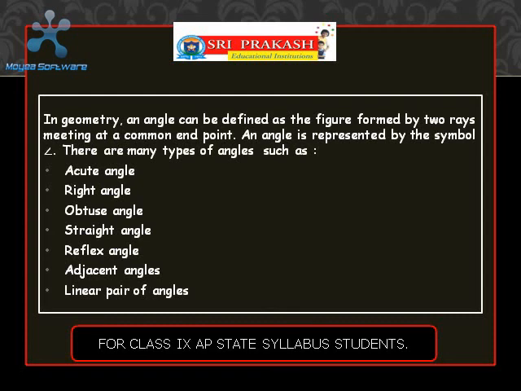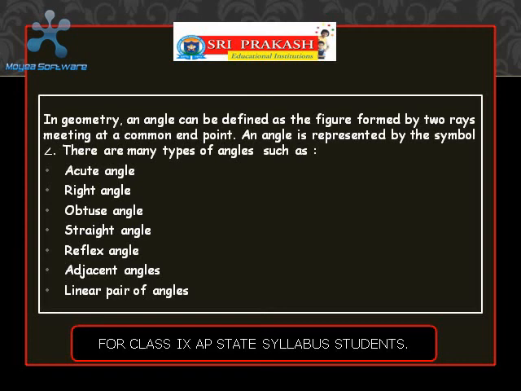In geometry, an angle can be defined as the figure formed by two rays meeting at a common endpoint. An angle is represented by the symbol as shown.